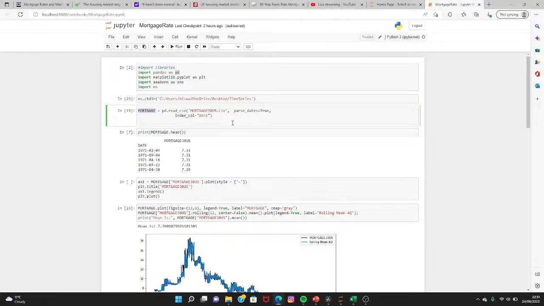You can give any name; I've given mortgage for the sake of simplification. Let's run it. Using this, we have now imported the data. If it runs successfully, there is no error; otherwise, it will show us an error. But just to be sure that the data is there, write print mortgage.head to see the first observations, and here you see the first observations already in the Python environment.